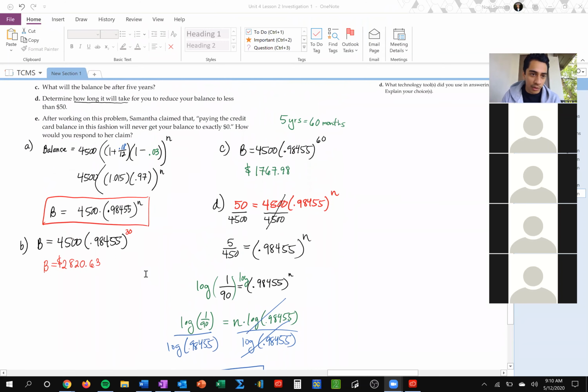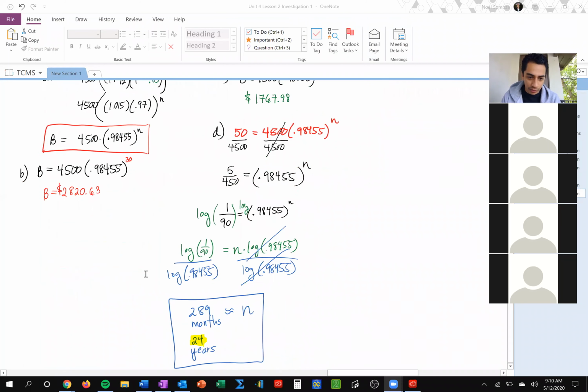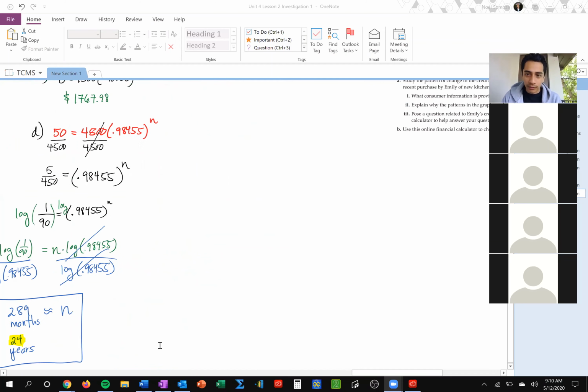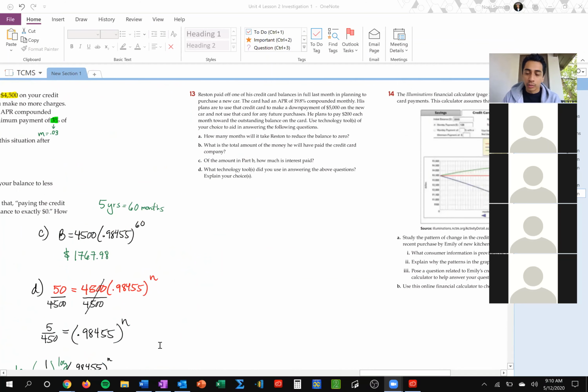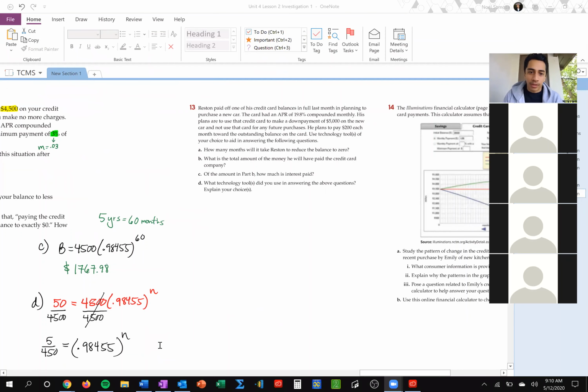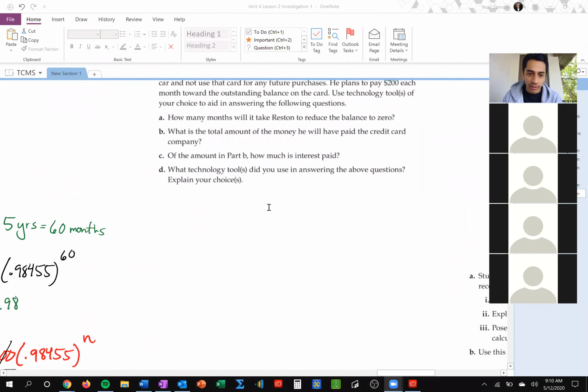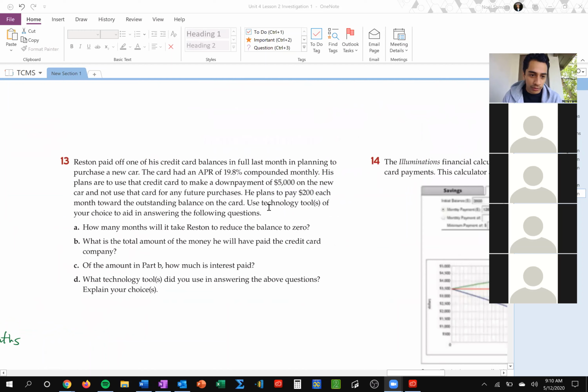In the example of this girl, it would take her 24 years basically to pay off a $4,500 credit card debt. Okay, so the next few problems focus on how much you really pay over the course of a lifetime. So that's what we're going to use here, and we're going to use some tools.